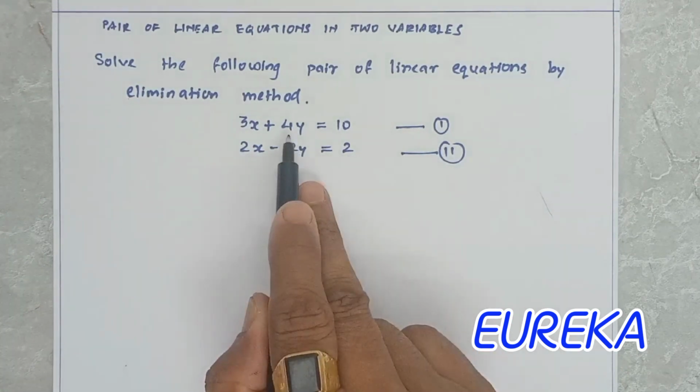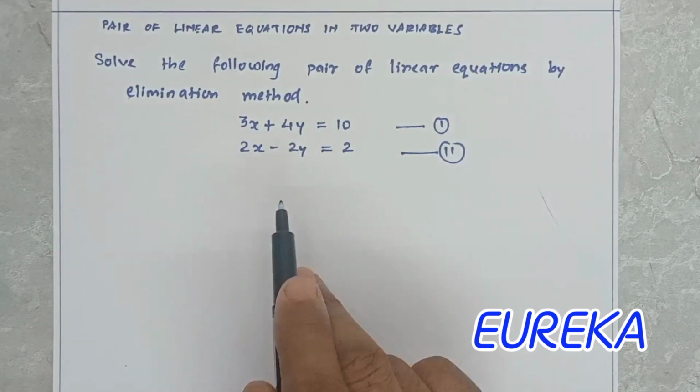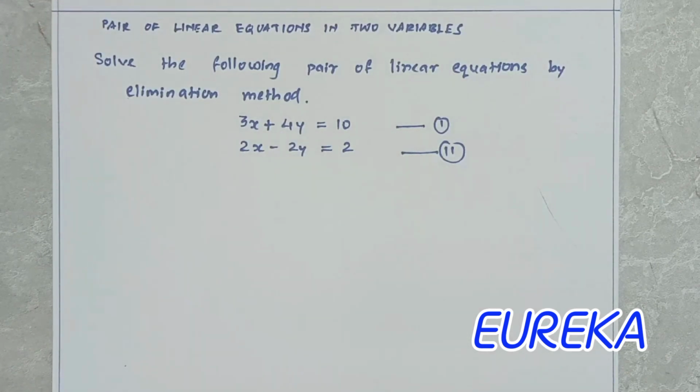In that case the 4y and minus 4y will get cancelled, and this is called elimination. We are eliminating one of the variables. It is not possible that all the time we will get such a favorable situation. In some cases both coefficients can be very different, so we have to be open to eliminating either of the two variables.